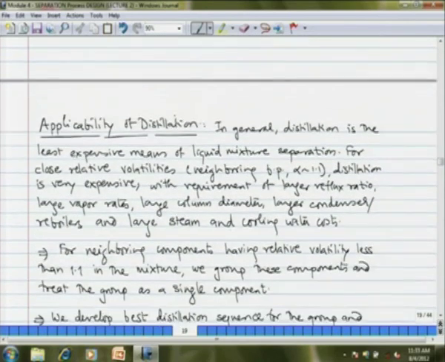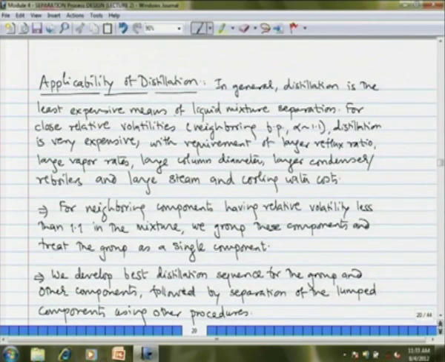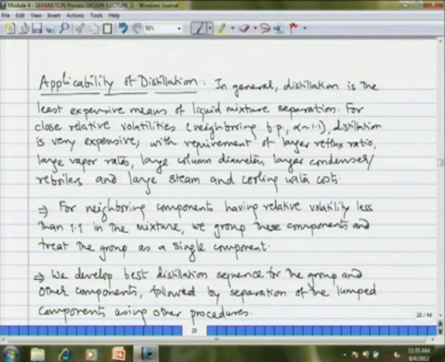The next question is how long distillation will be applicable. As I said, distillation would be the most preferred method of separation of liquids, but will distillation be possible each and every time? In general, distillation is energy intensive, but if you heat integrate the process, then the cost goes down. So, it is a less expensive means of liquid mixture separation compared to other processes.